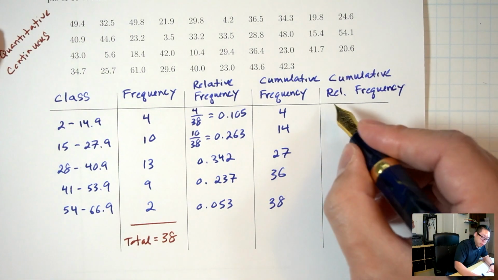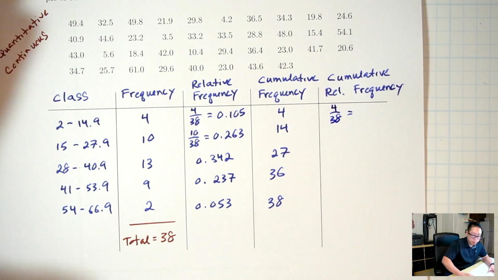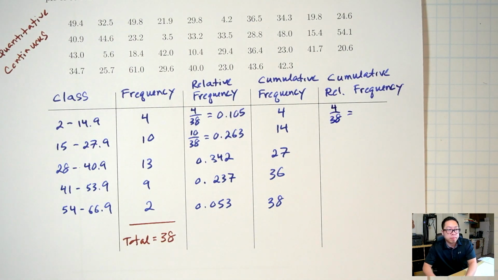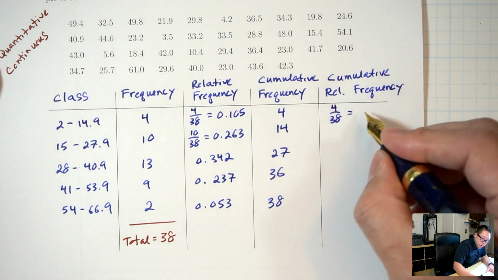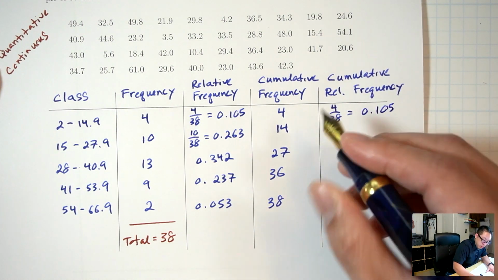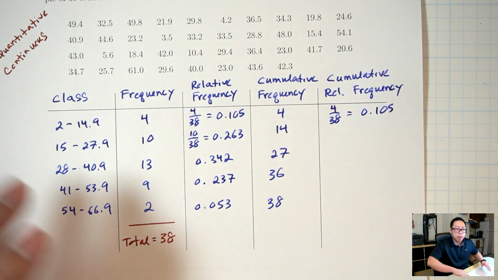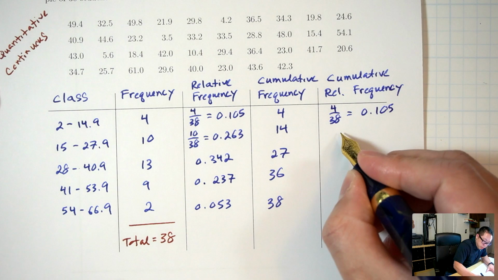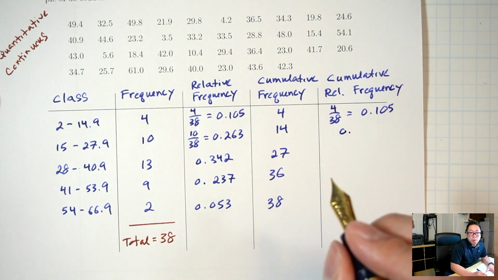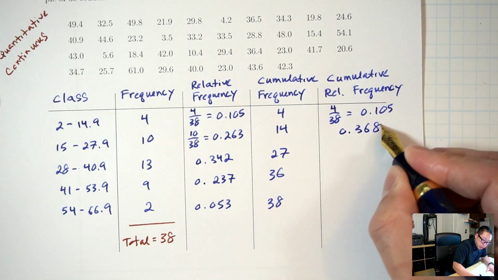So the first one's going to be 4 divided by 38, 0.105. Next is 14 divided by 38, 0.368. So remember, round to 3 decimal places.